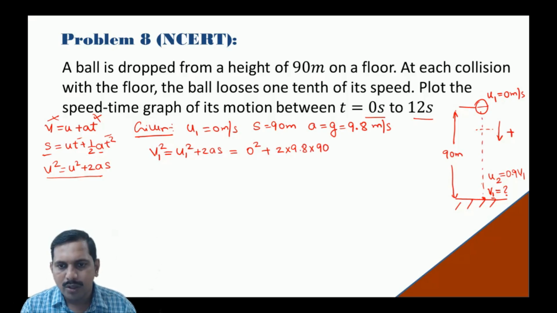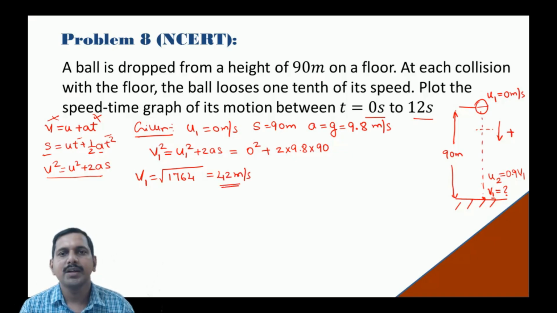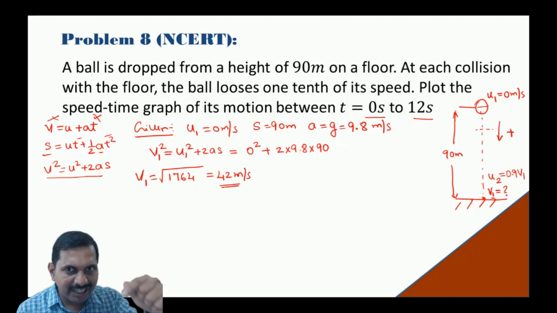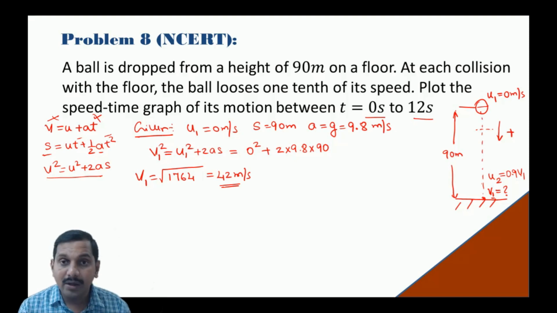So v1 would be the square root of 1764, which is 2 into 9.8 into 90. That comes out to be 42 meters per second. That is the velocity when it reaches the ground.